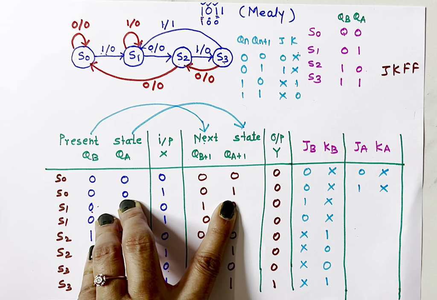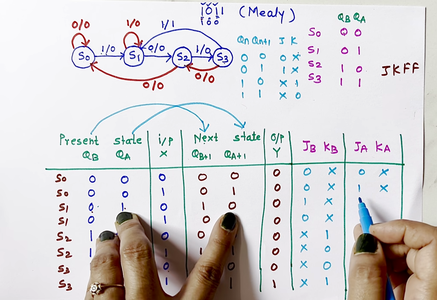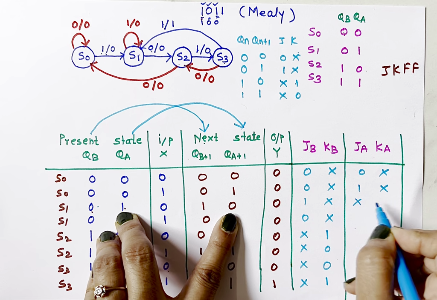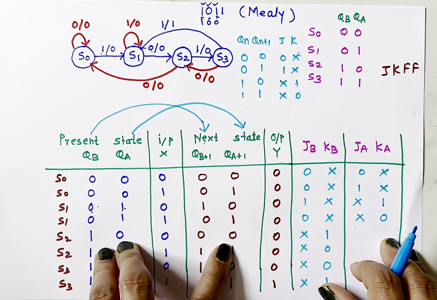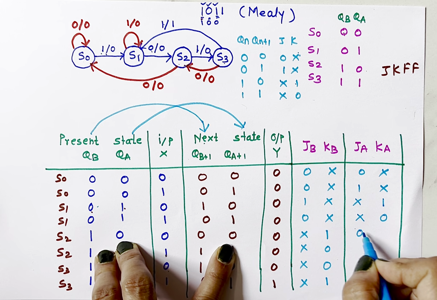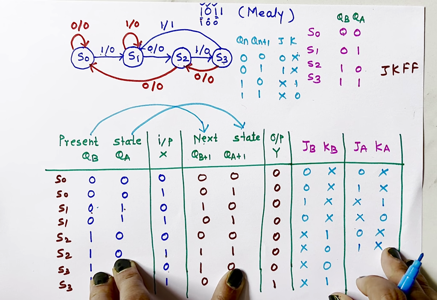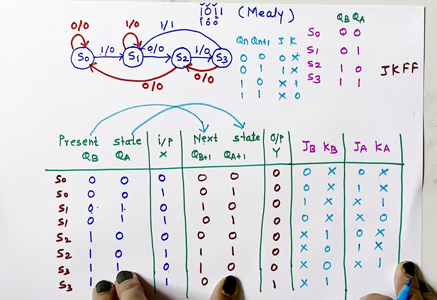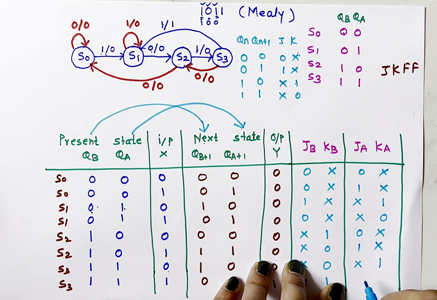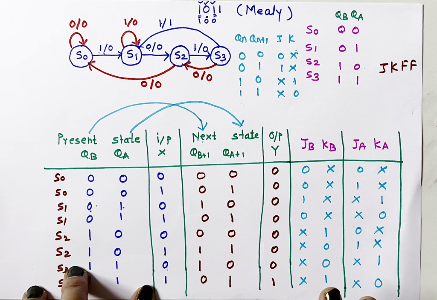So it is very important to understand excitation table or to remember excitation table. 1, 0, don't care 1. 1, 1, don't care 0. 0, 0, 0 don't care. 0, 1, 1 don't care. 1, 0, don't care 1. And for 1, 1, don't care 0. So now by using excitation table, our truth table is ready.